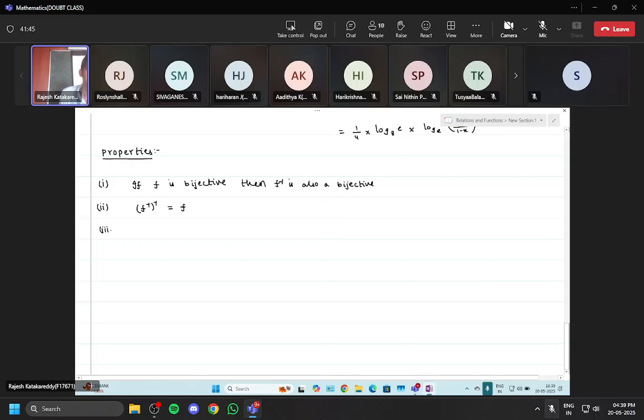Finding the inverse twice gives the function itself. Let's say we have g composition f and we are finding the inverse of this. It is equal to f inverse composition g inverse.